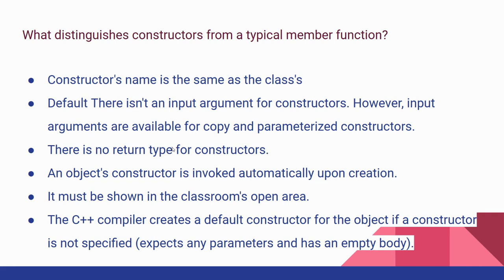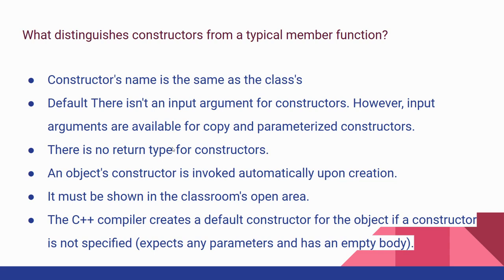What distinguishes constructors from a typical member function? The constructor's name is the same as the class name. By default, there isn't any input argument for constructors in the default constructor. However, input arguments are available for copy and parameterized constructors.